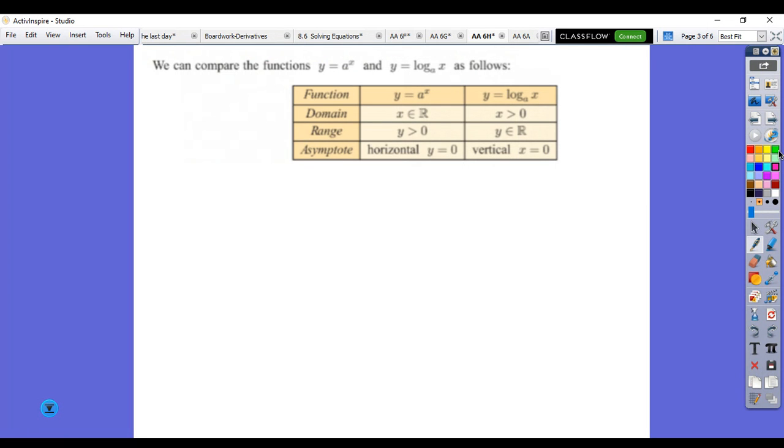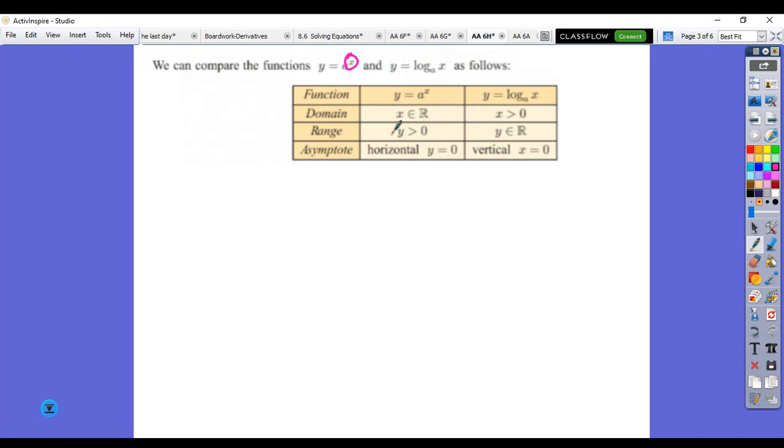Okay, so this kind of gives us our domain and range for both exponential and logarithmic. Notice what happens with the domain and range. With the domain of exponential, x is all real numbers. We can plug any number we want in for x and not have any problems. But our y will always be greater than 0. What happens with inverses? Our x's and y's switch.